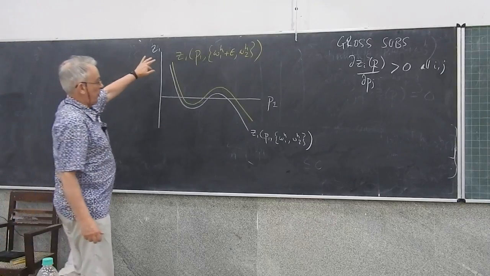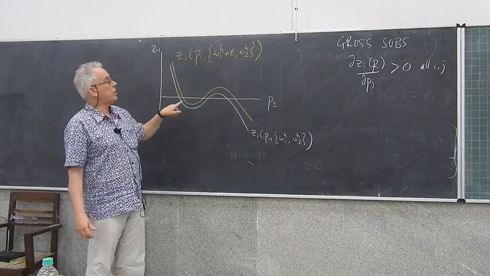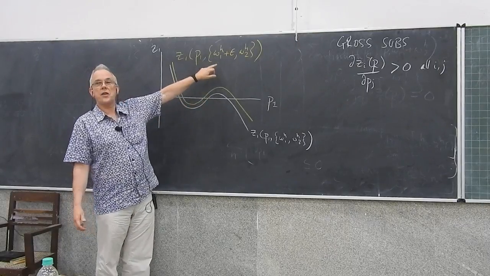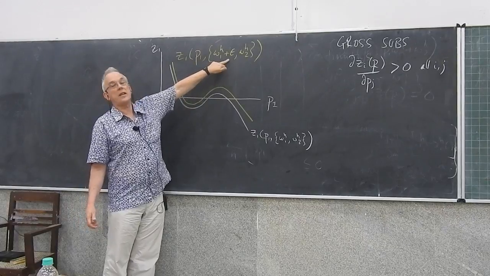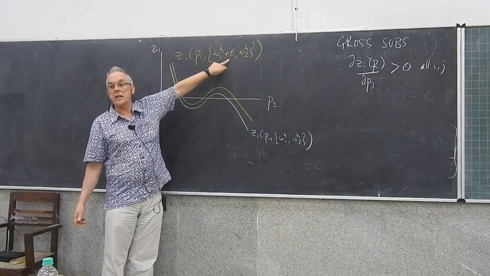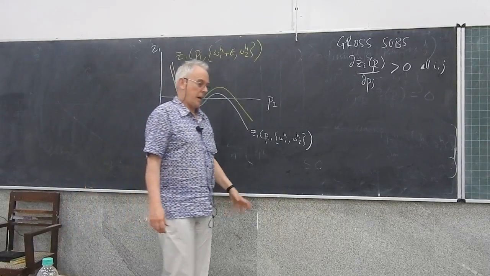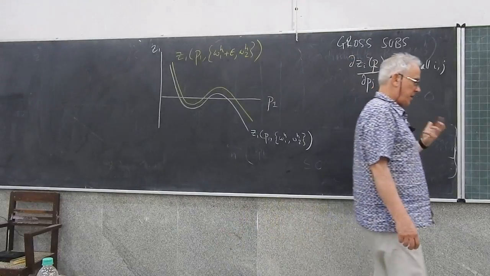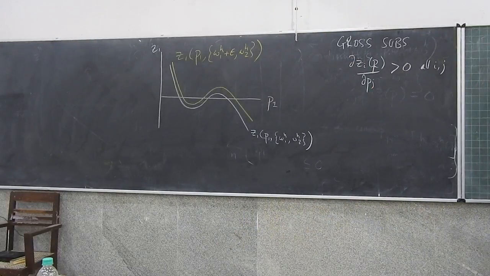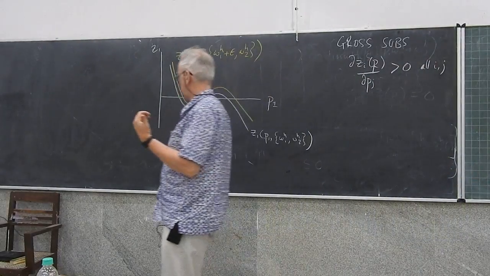The yellow excess demand function is for the economy in which everyone has had a small epsilon increase in their endowments of good 1. Now, my basic question is, can we say anything about what happens to the equilibrium price of good one in this circumstance?